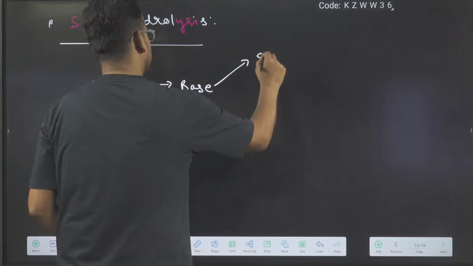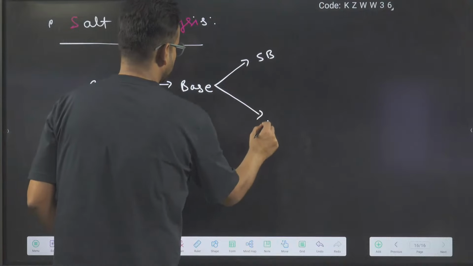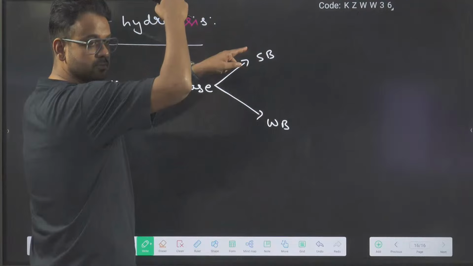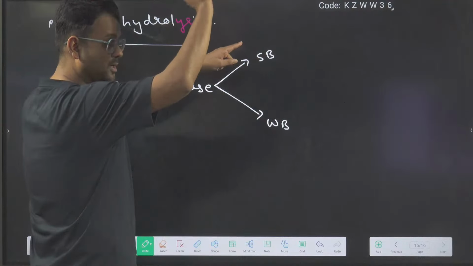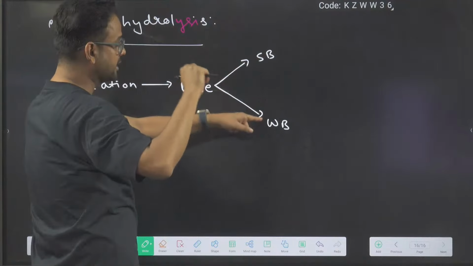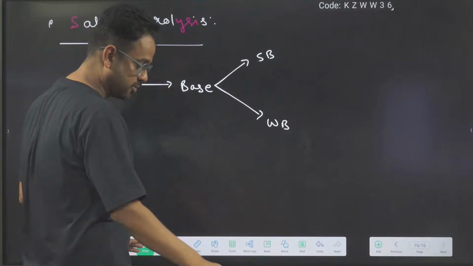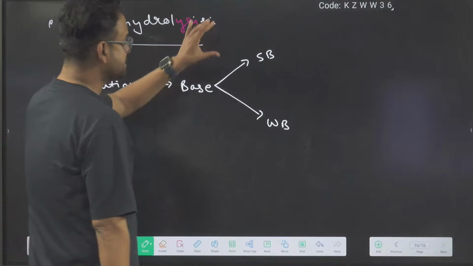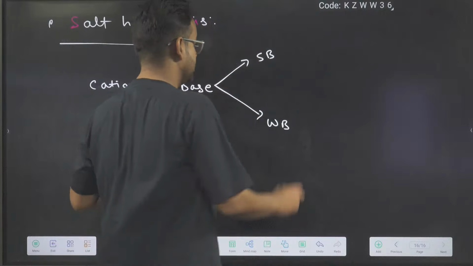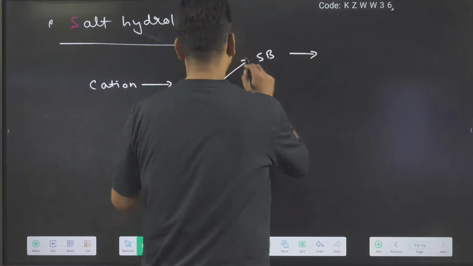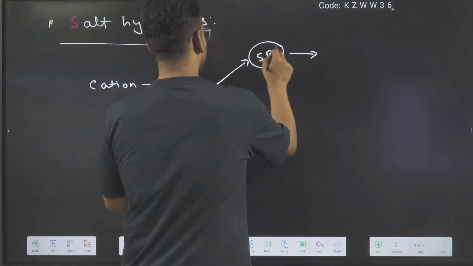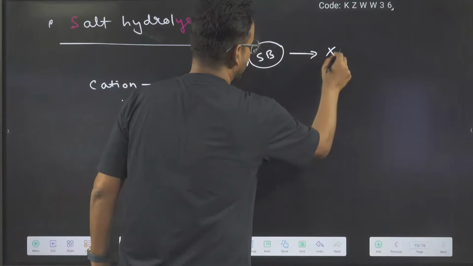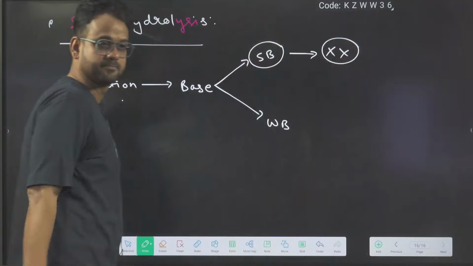And the base can either be a strong base or a weak base. Strong bases are NaOH, KOH, except LiOH, Be(OH)2, Mg(OH)2. Other than them, everything else is a weak base. So the cation comes from the base. If the cation is of a strong base, then no hydrolysis.